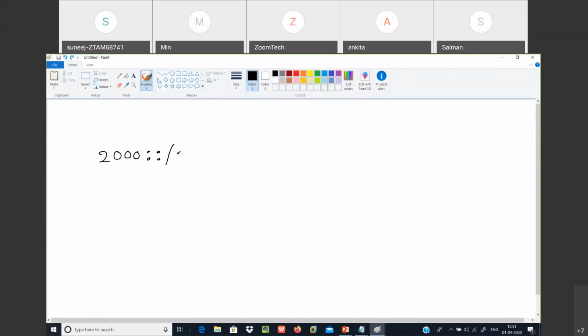You know what the 3 indicates? Here 3 indicates that the first 3 bits are fixed. The first 3 bits are reserved, not the network portion.